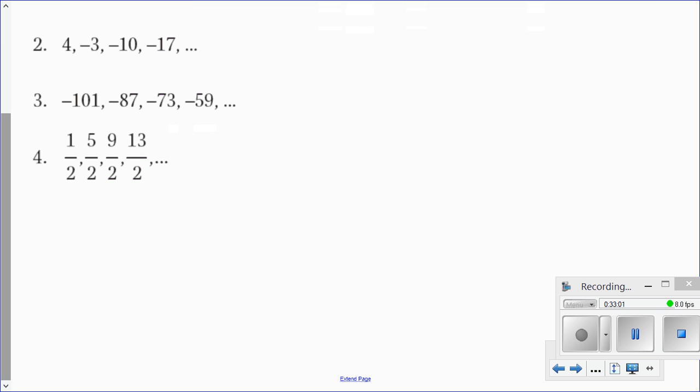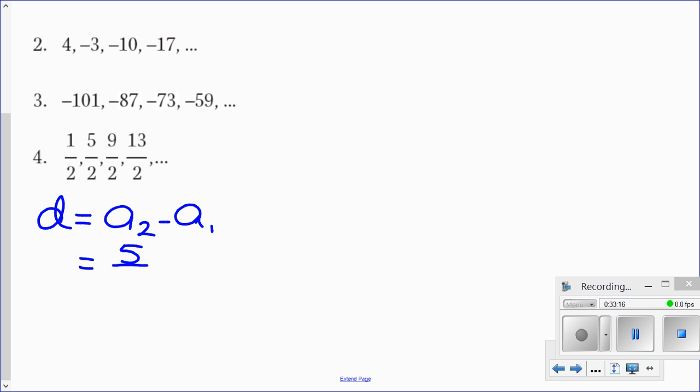To find D, don't forget, A sub 2 minus A sub 1, because that's a hard D to figure out. So that is 5 over 2 minus 1 over 2, which gives us 4 over 2, which is what?